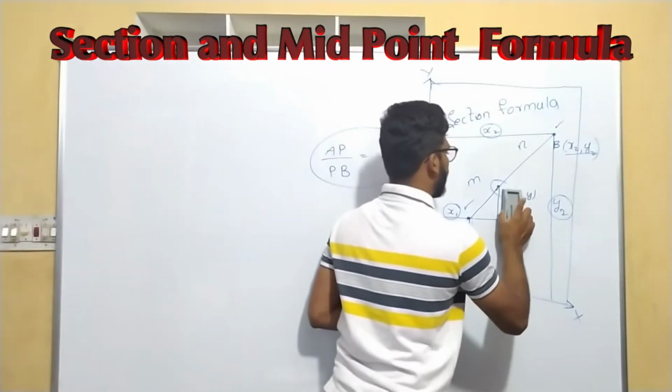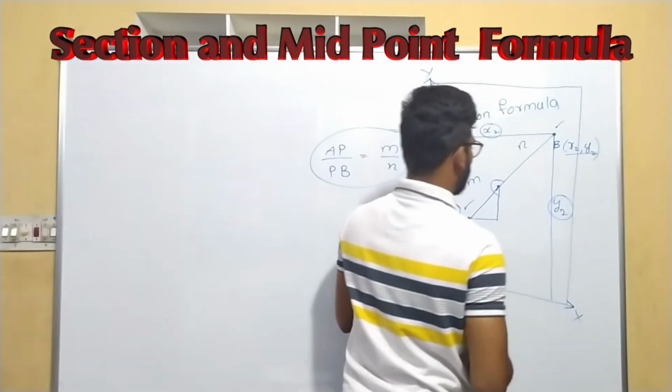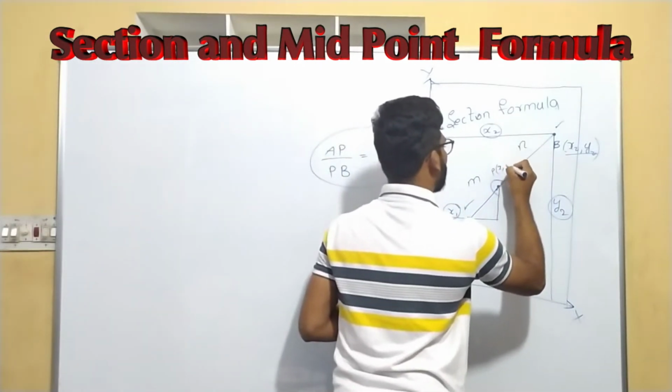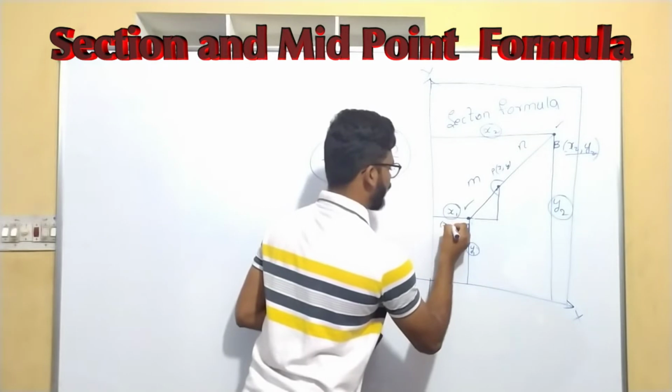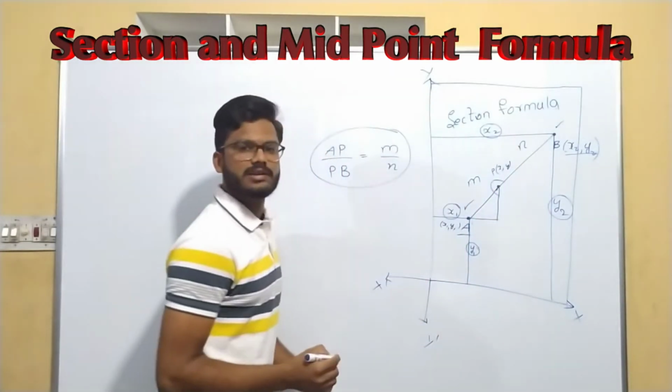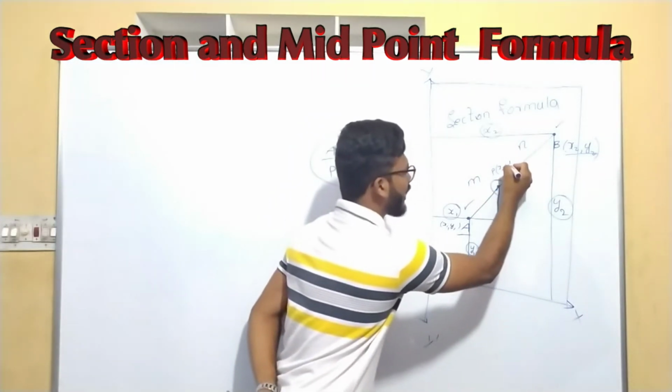See, now this is P, x comma y, and this is A, x1 comma y1. In order to show clearly, see here x comma y, right?